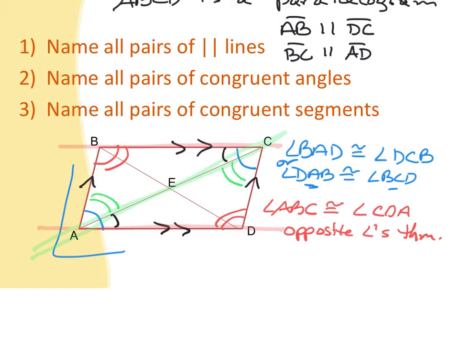All right, so let me go ahead and name these angles. This black one right here, along with this one, let's see which one we're going to name. We can say this one, CAD, is congruent to BCA.